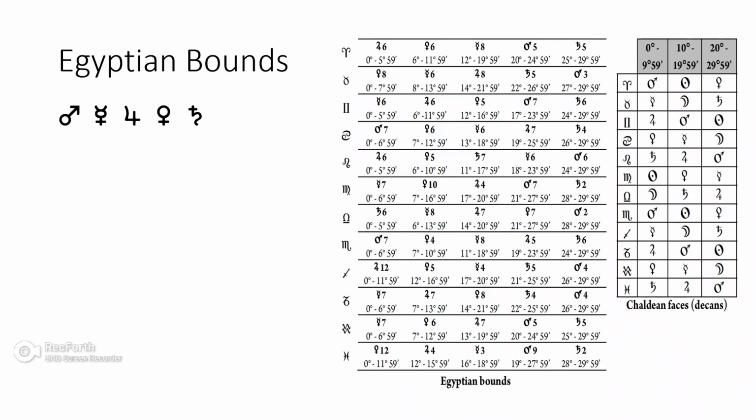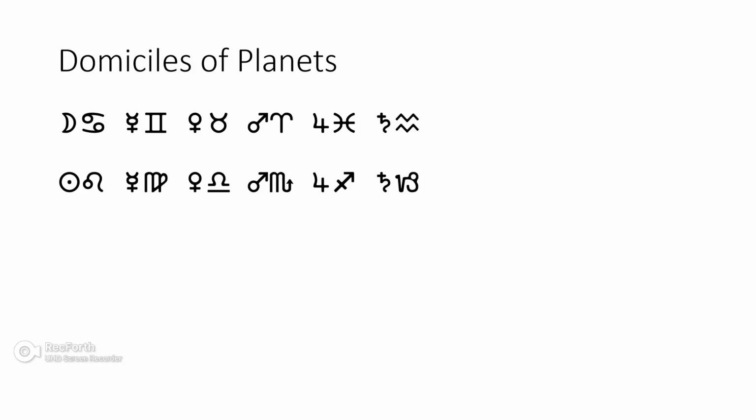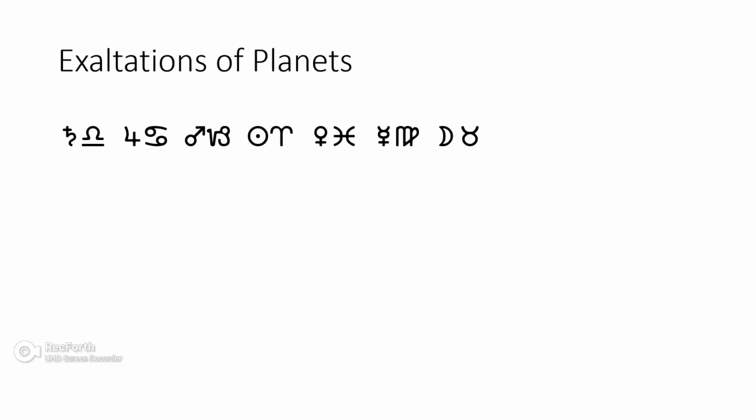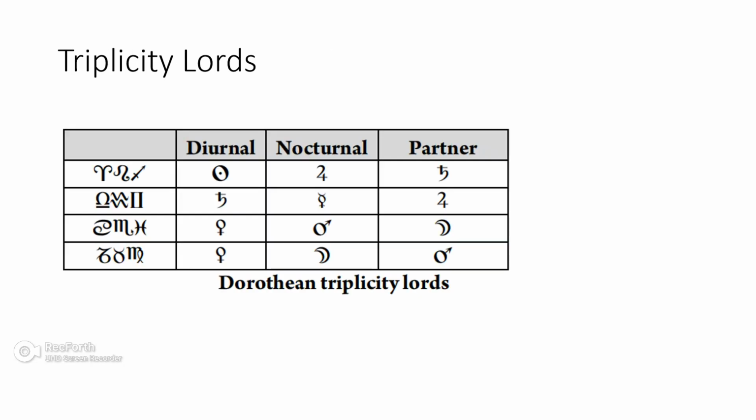But we don't really know how the Egyptian bounds were formed. And I want to shed a little light on that. So, for the Egyptian bounds, you need to know the domiciles of the planets, listed here, the exaltations of the planets, listed here, and the triplicity lords.